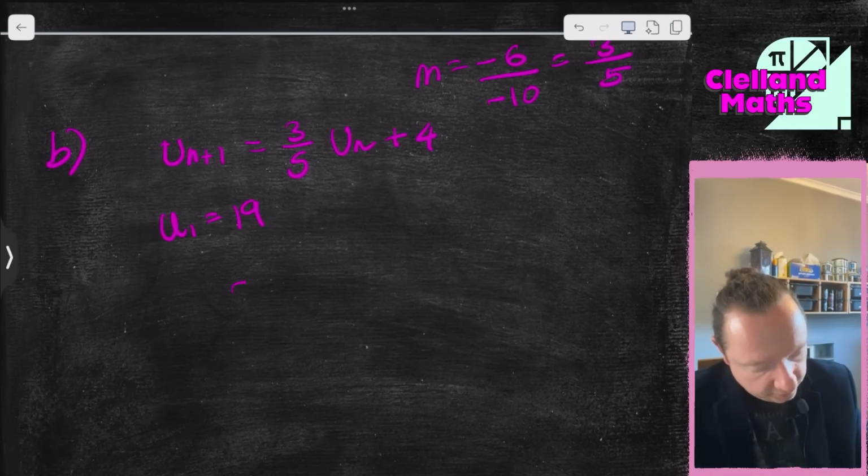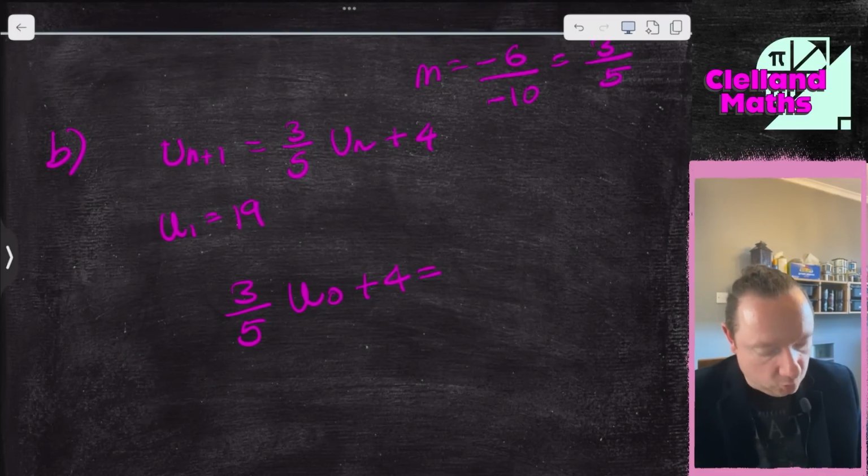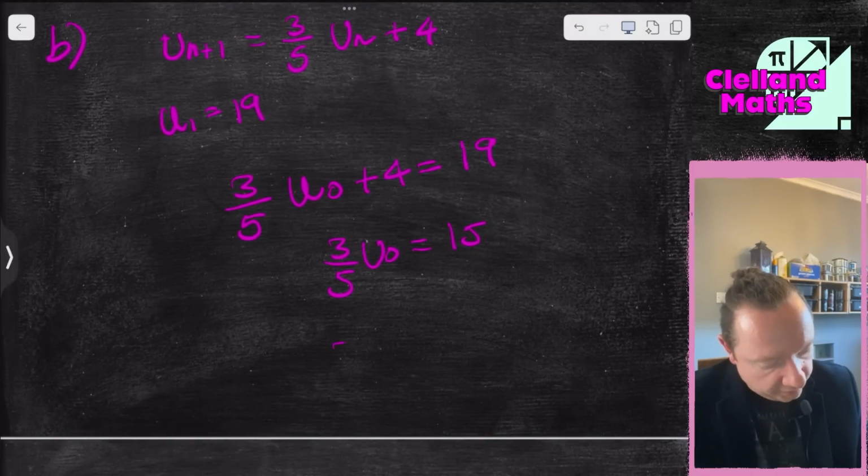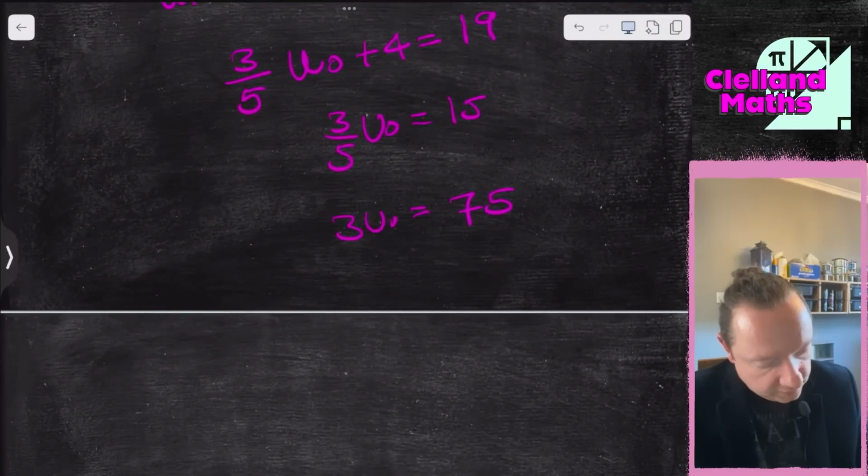So we can just say that 3/5 u0 plus 4 equals u1, which is 19. So 3/5 u0 equals 15. So u0 is 75 over 3, which is 25.